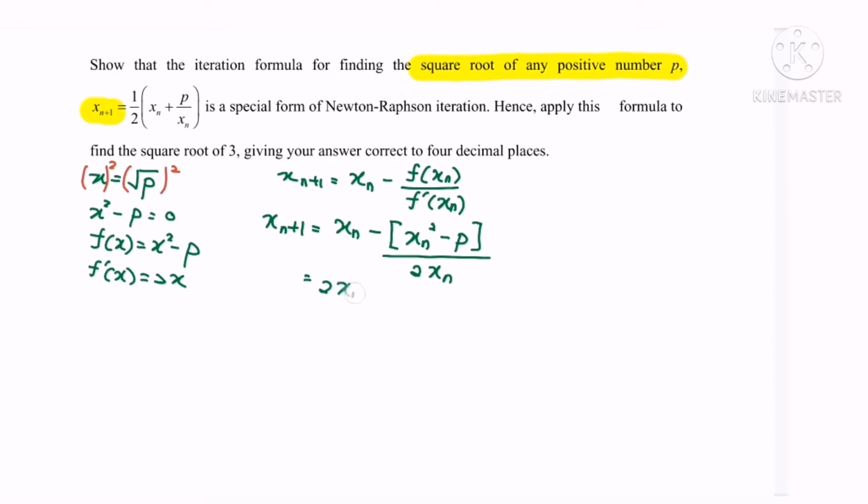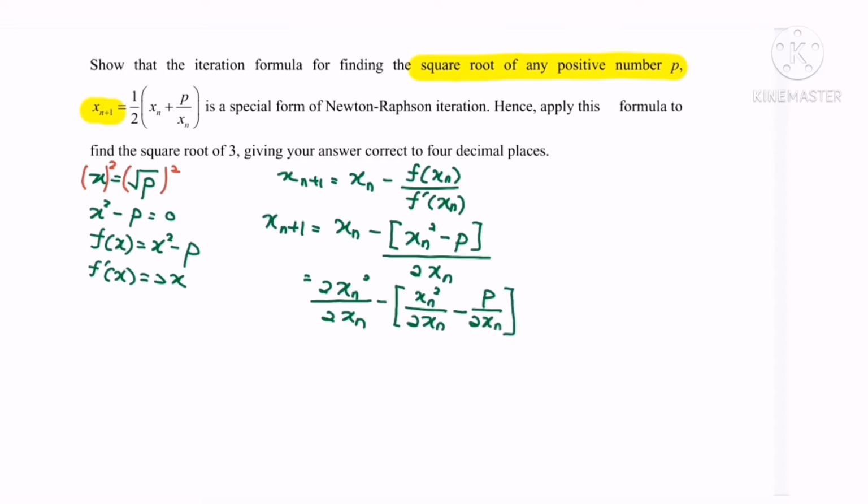So x sub n squared over 2x sub n minus, we have the bracket x sub n squared over 2x sub n minus p over 2 multiplied with x sub n.